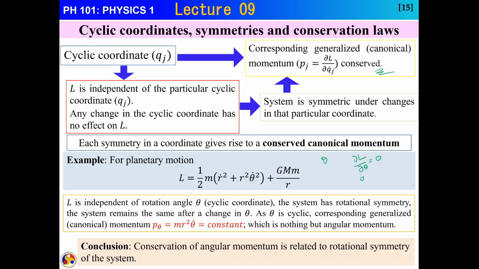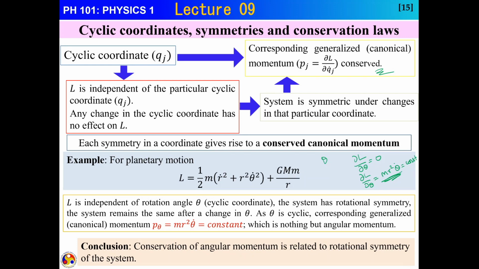So the derivative of the Lagrangian with respect to theta dot, what is it here? It is only m r square theta dot, which has to be constant. What is this quantity? This is nothing but simply angular momentum. So we beautifully come back to the fact that the conservation of angular momentum is related to the rotational symmetry of the system.